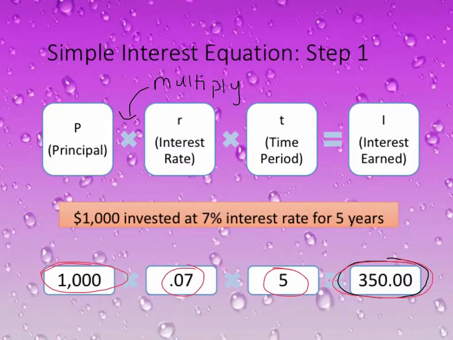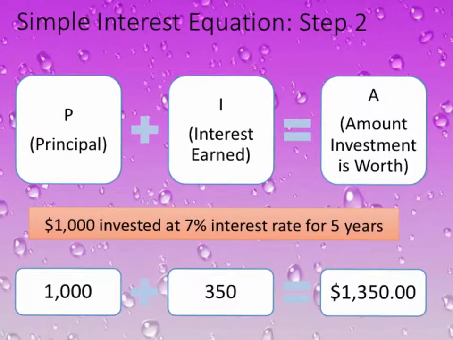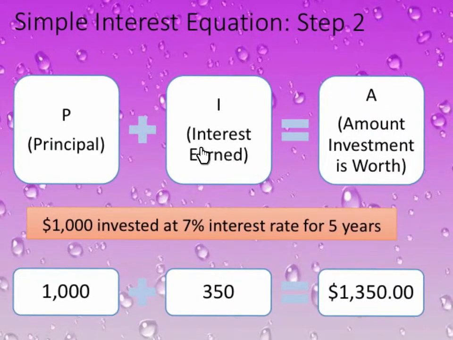This is only step one. Let's take a look at what we need to do next in order to find out what our total amount of money is. Okay, so here is step two. Once you have found the interest earned, remember, we found that this value was $350. Well, now we're going to add that amount to the principal amount, and now we get the amount the investment is worth.